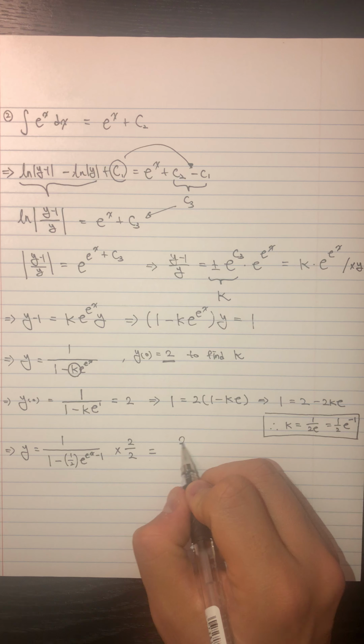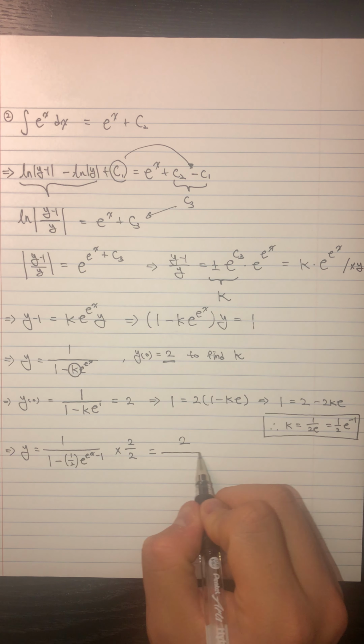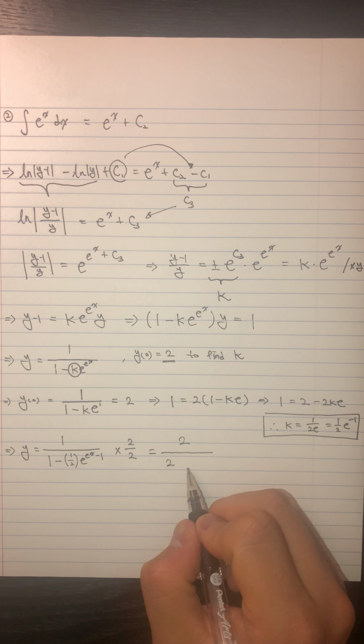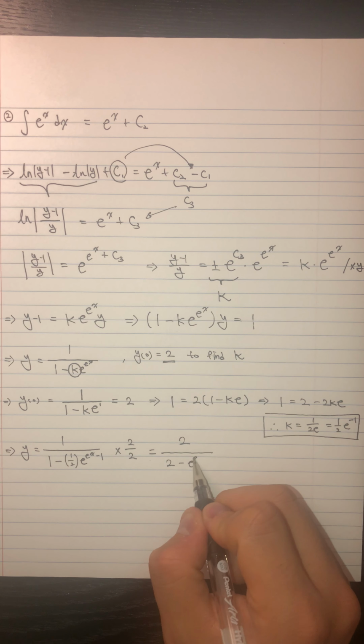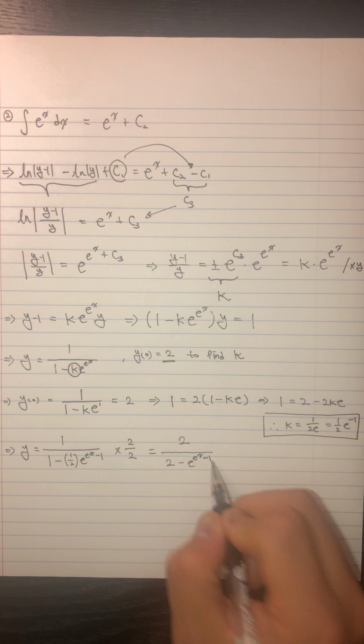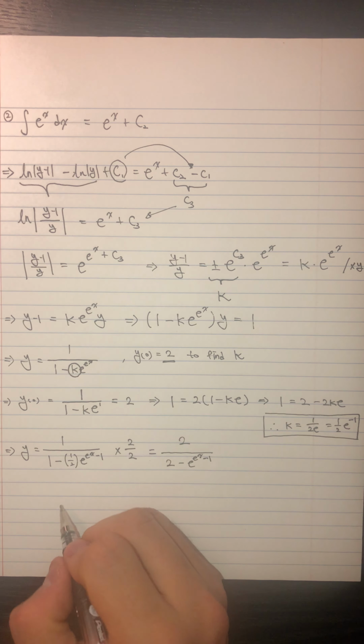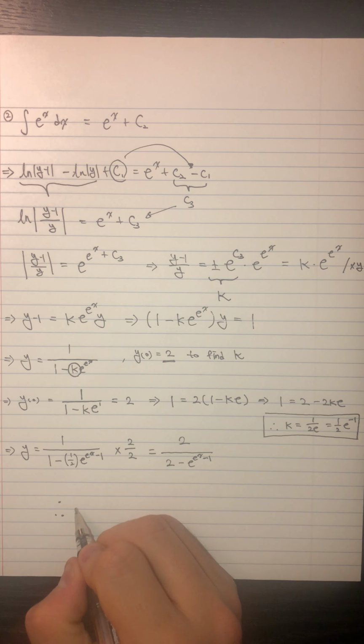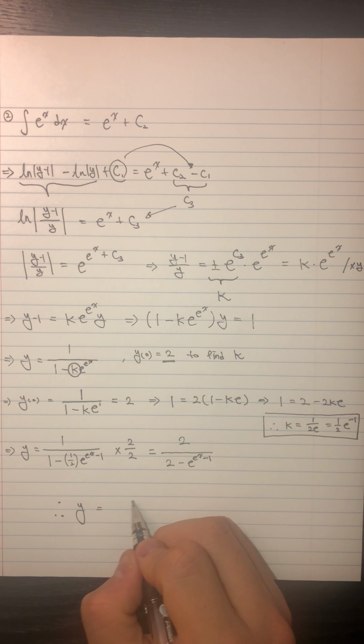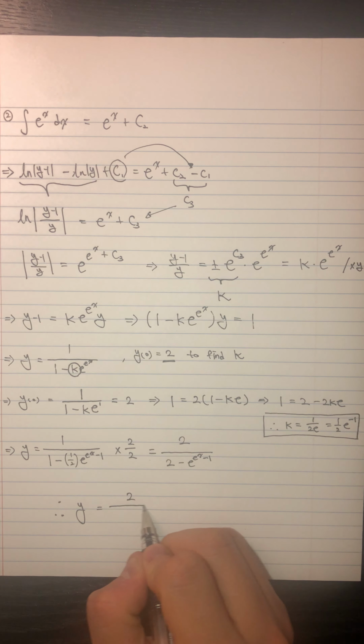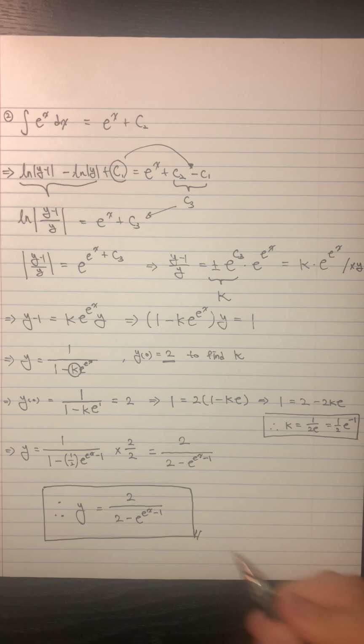So 2 over (2 minus exponential (x minus 1)). So we find y equal to 2 over (2 minus exponential (x minus 1)). This is our final solution.